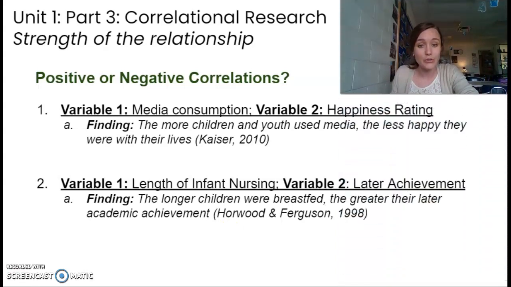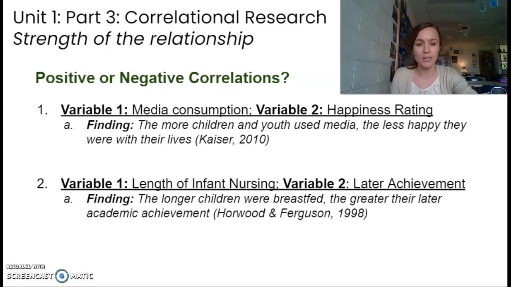Example number 2: variable number 1 is the length of infant nursing, and variable number 2 is the achievement they have later in life. The finding was the longer children were breastfed, the greater their academic achievement was later in life. So the more months they were breastfed, the greater their academic achievement.